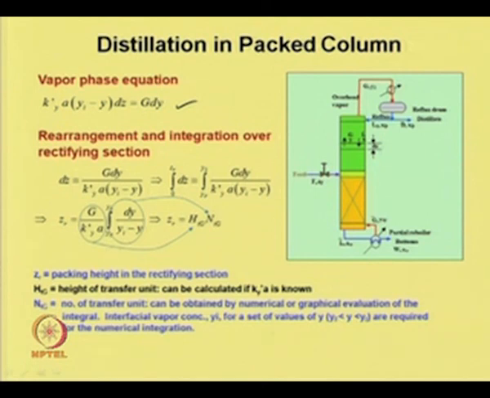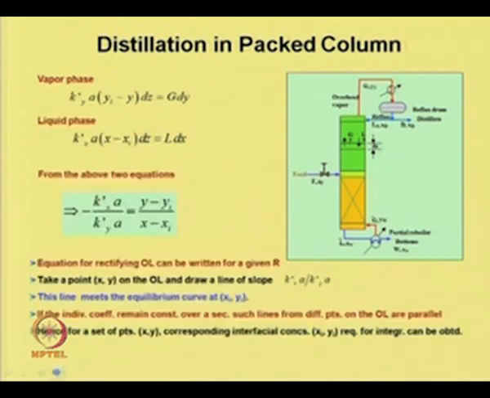For a set of values of y, we can get interfacial concentration yi, and then we can do the numerical integration. Now, how to get this interfacial concentration for a set of values of y? If we consider the vapor phase and the liquid phase relations, and if we divide these two relations, we will have the ratio of mass transfer coefficients.